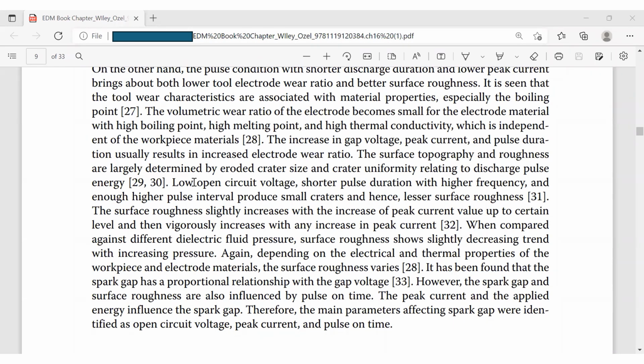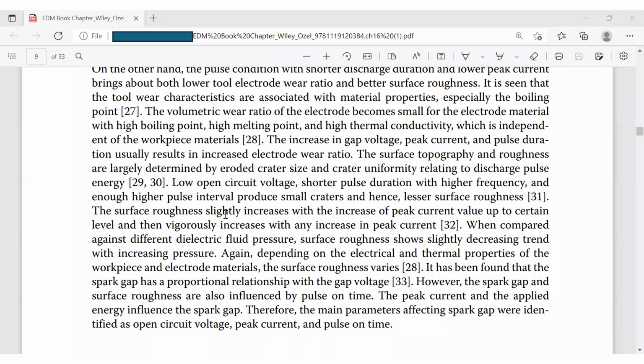A low open circuit voltage, shorter pulse duration, higher frequency, and a large enough pulse interval produce small craters and hence less surface roughness. So you can see, this is the paragraph Dr. Jackson wrote based on the literature he has read. Okay?